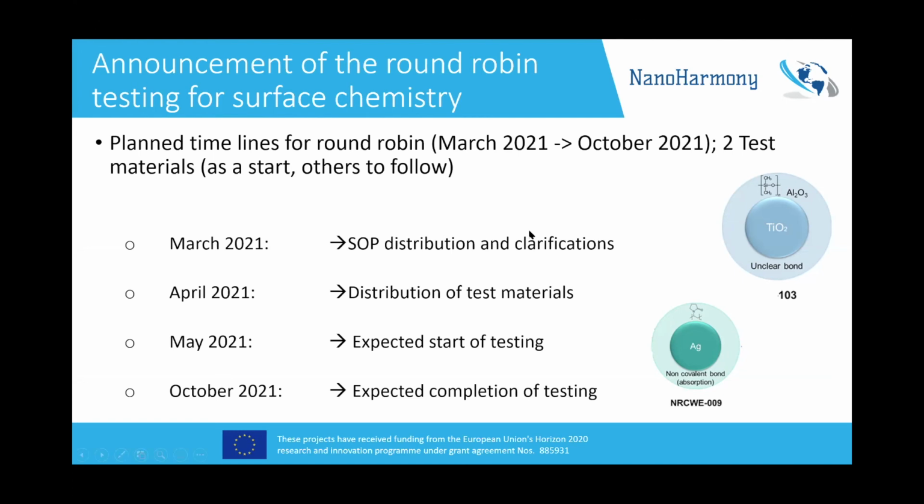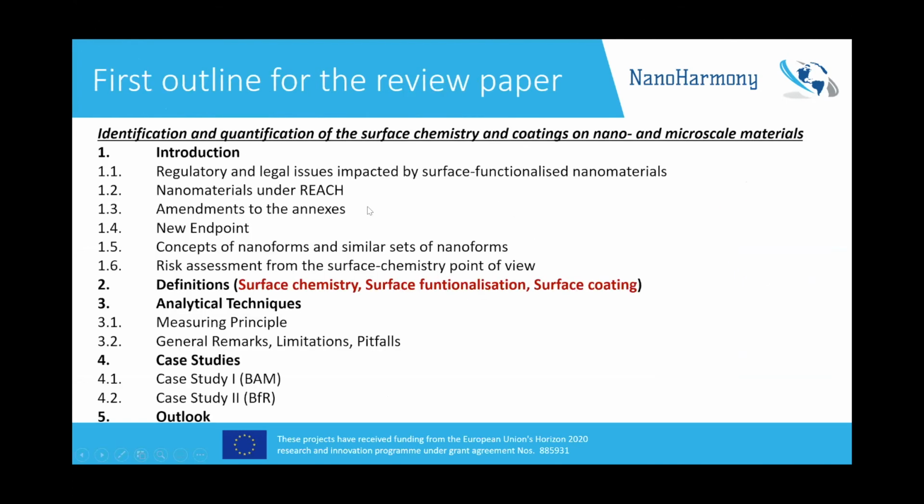So next slide, please. The other part we discussed and introduced, we will write a consensus paper, which will be the base for the guidance document, which will provide some guidance on what the limitations and the criteria of the analytical approaches will be.